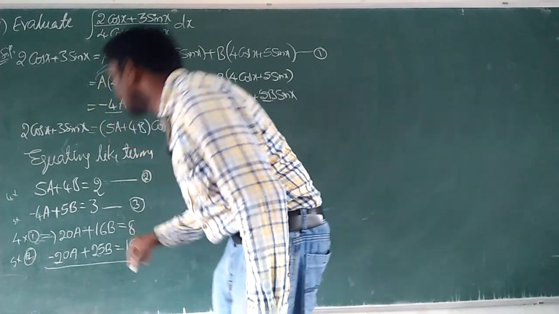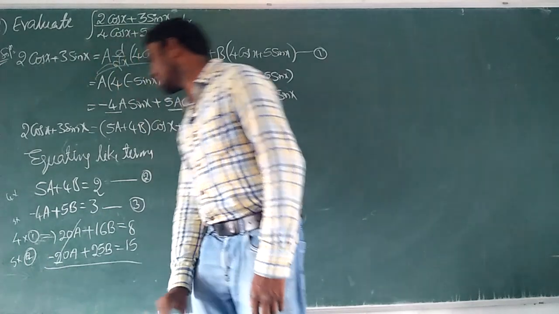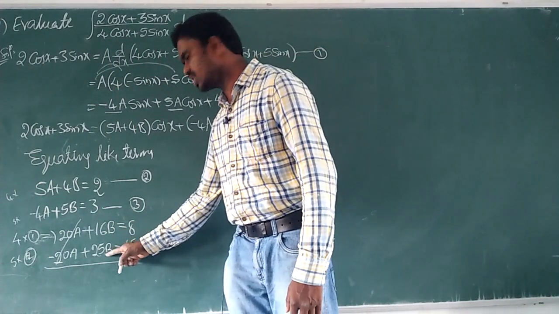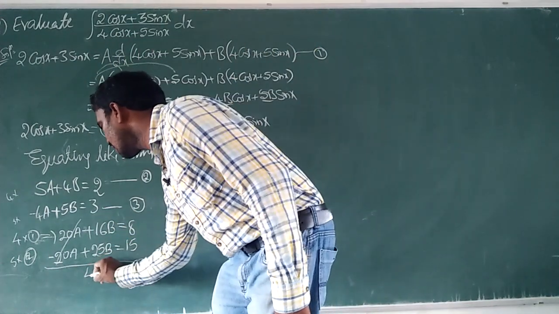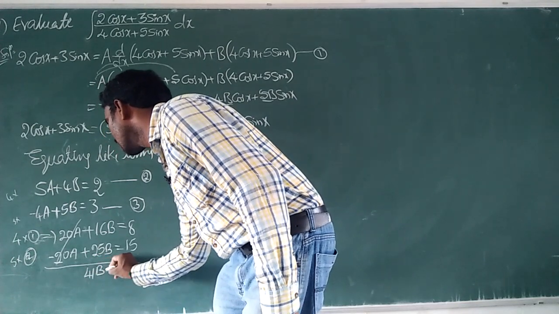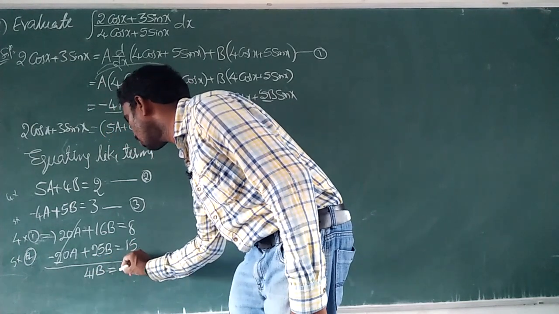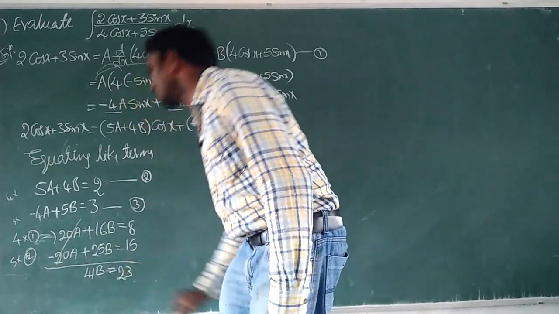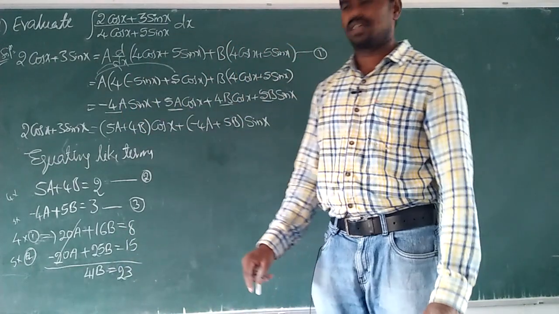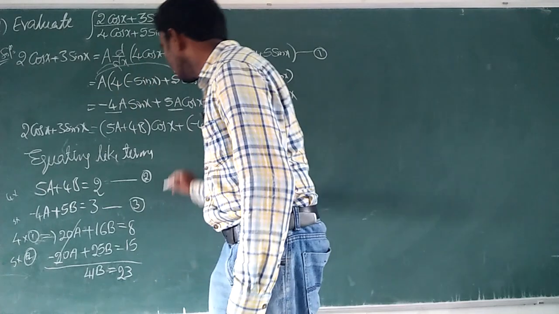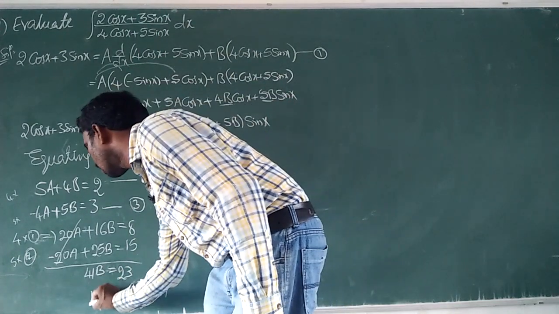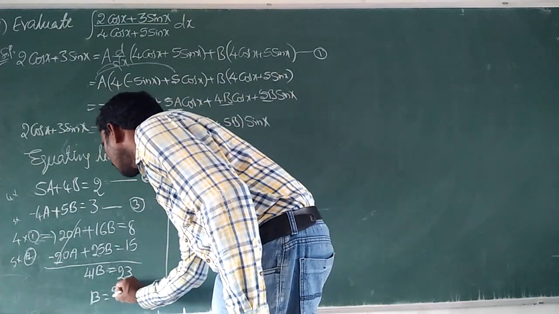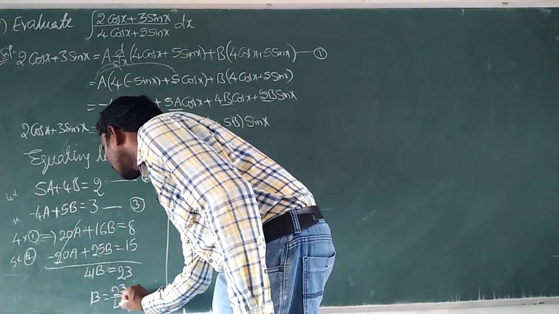By adding these two equations, plus 20a and minus 20a cancel. Adding 16 and 25 we get 41b is equal to 8 plus 15, that is 23. So there is no cancelling, and b equals 23 by 41.